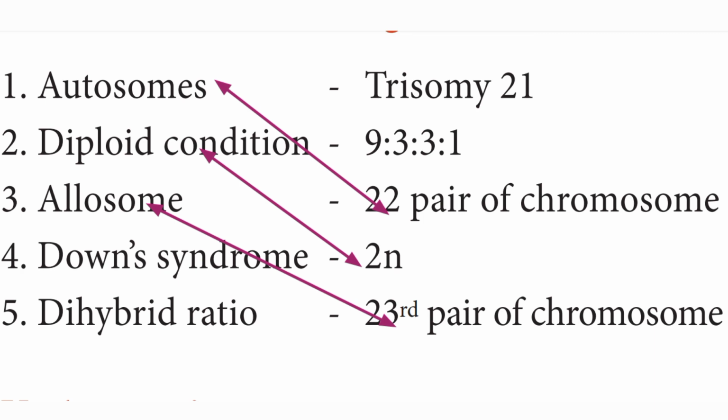Allosome, 23rd pair of chromosome. Down syndrome, trisomy 21. Dihybrid ratio, 9:3:3:1.